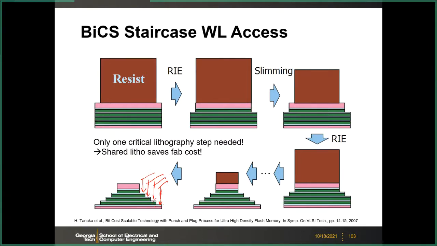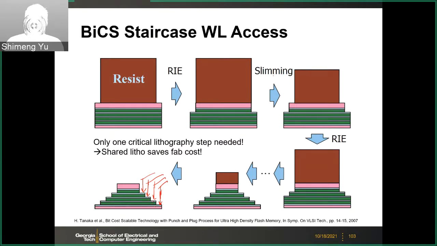So there is a trick called the photoresist slimming or trimming process. What you want to do here is, this is a photoresist, and this is multiple tiers, like your word line contact region word lines.